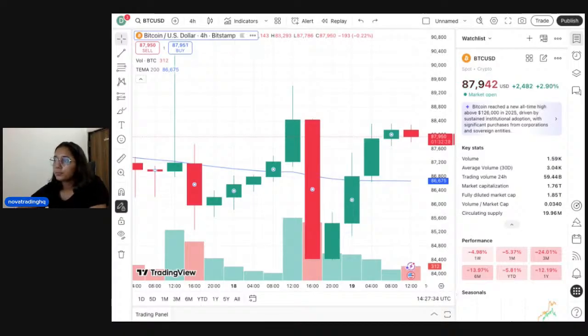Without even reading all the OHLC, the open, high, low, and close of each green candle, the structure is all clear.